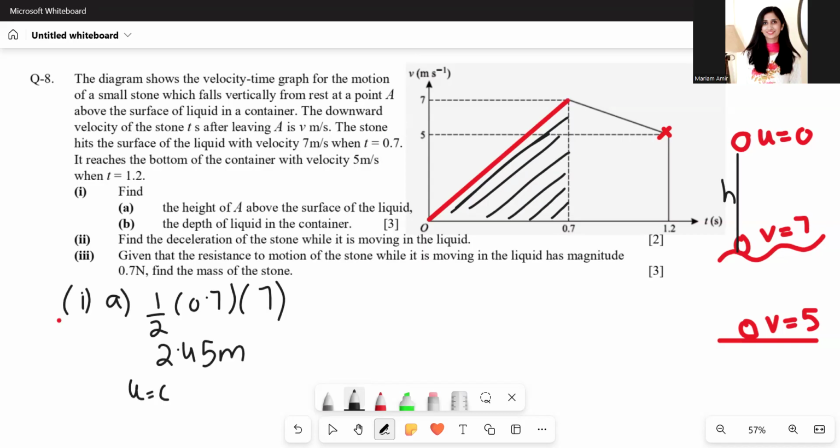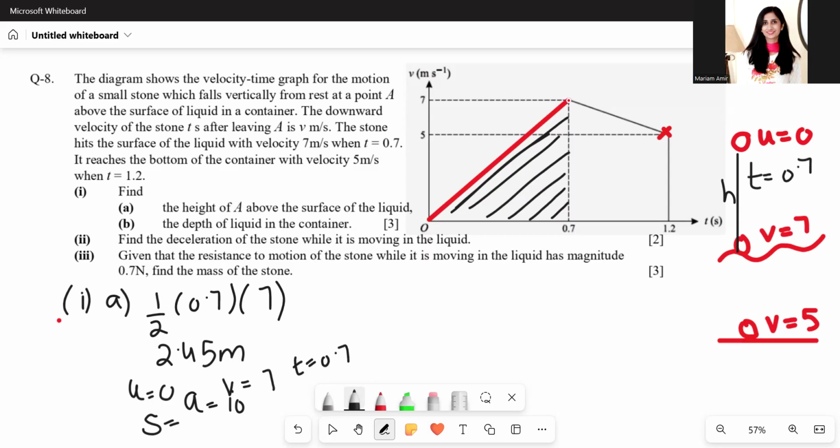U is 0, V is 7, and the downward acceleration in free fall is plus 10 meters per second square. So you can use an equation of motion and find S. You could use S equals ut plus half at square. Now that would also work because we know time is 0.7 as well. So you can use any equation of motion that can give you the S, and you would get the same value.